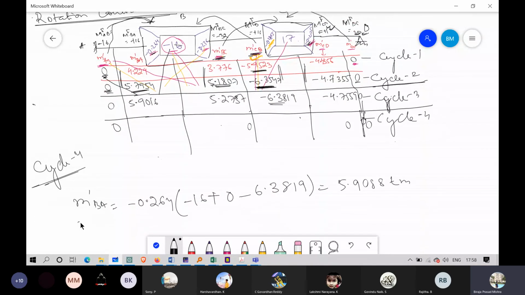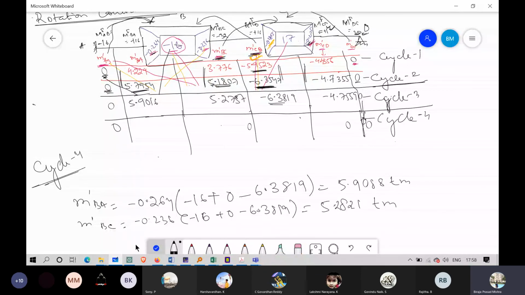Similarly M bar BC equals minus 0.236 into minus 16 plus 0 minus 6.3819. So M bar BC equals 5.2821 ton meter. Similarly, this will be M bar CB.